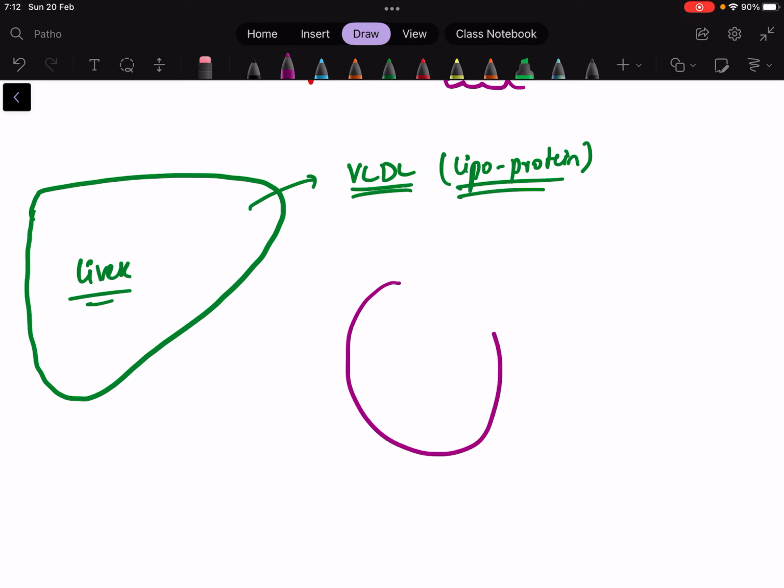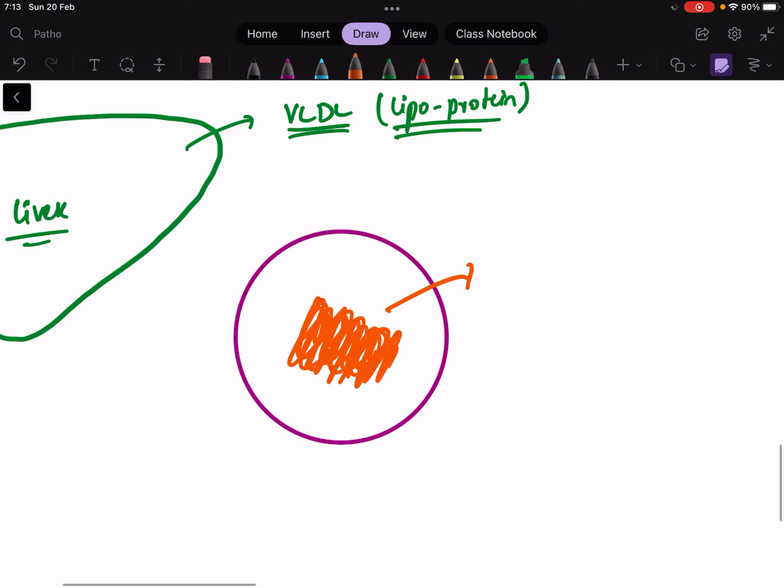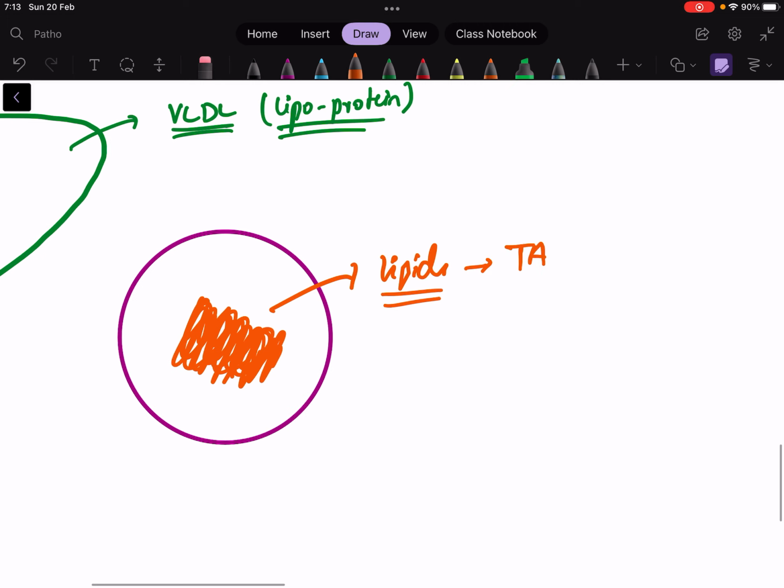Suppose this is the protein moiety of the lipoprotein, and inside the very low density lipoproteins, okay, they carry mainly lipids. The major lipid here is your triacyl glycerols.